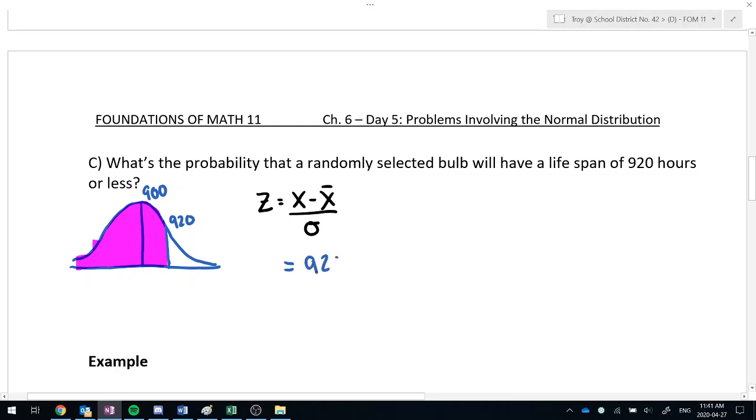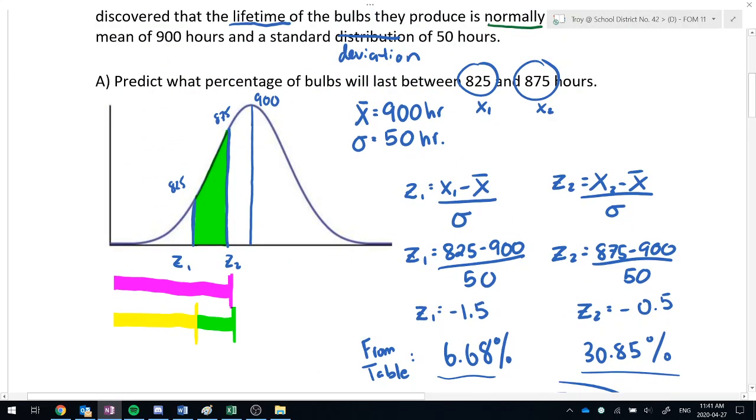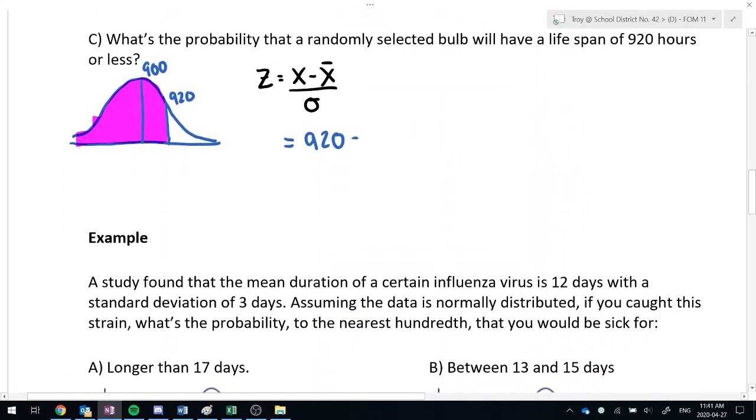What was our average? Our average was 900 and our standard deviation was 50. Okay, so that's going to be a positive value because we're to the right. So that's going to end up being 20/50, which is 0.4. That should work out to be.